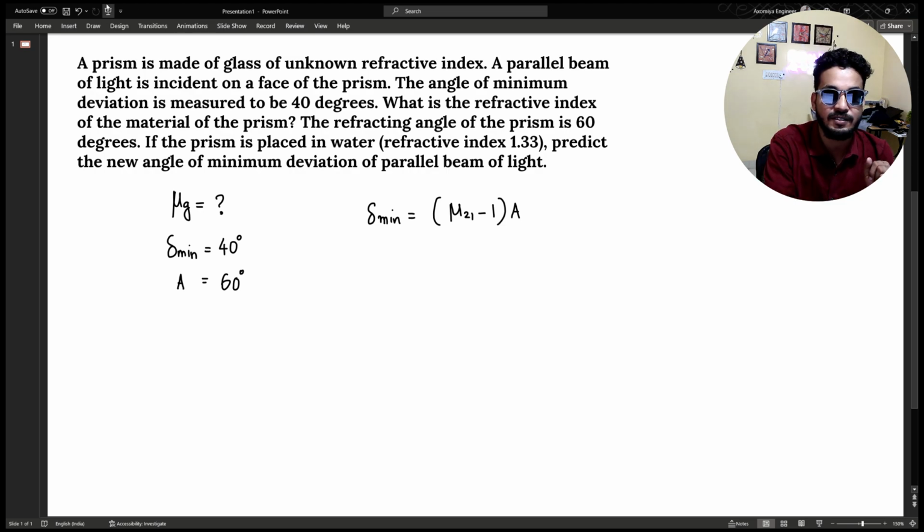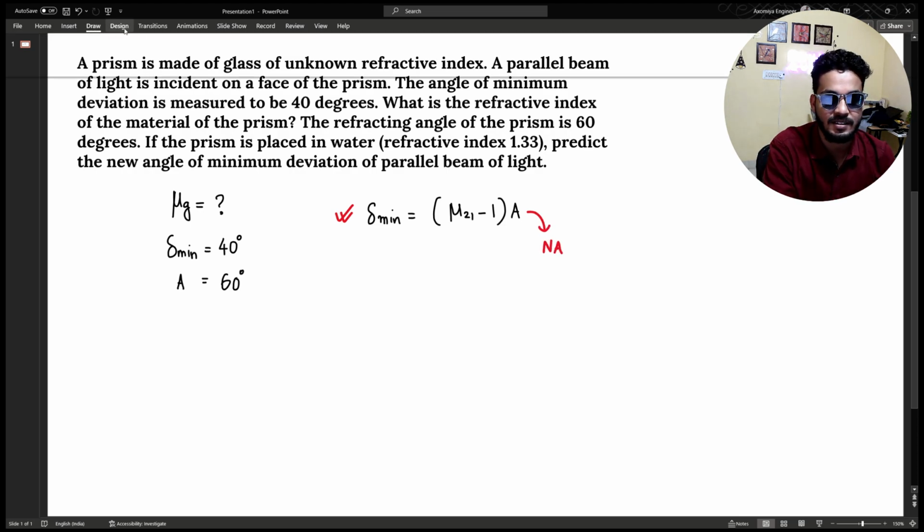Look at the angles given in the question: we have 40 degrees, we have 60 degrees. These are not small angles. Small angles generally mean something lesser than 10 degrees. So this formula is correct, but it is not applicable here because the angles are too large.